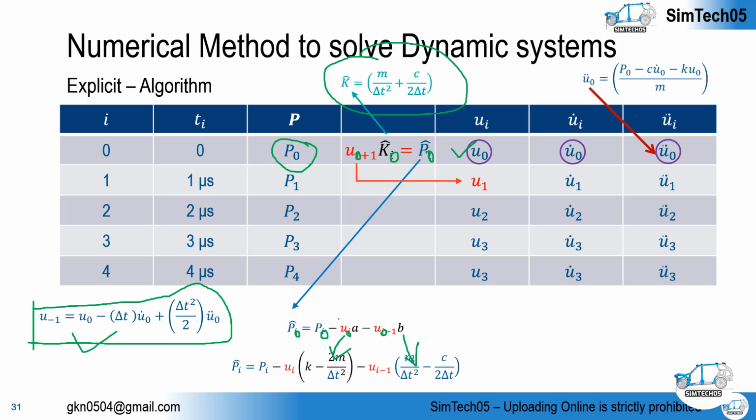So all unknowns are known now. Okay, A, B are already known, P0, U0 and u_(i-1) are known. So we can say the P cap 0 is known. If the P cap 0 is known, K cap 0 is known. So here U1 can be found very easily. Now we can say, okay, this is known to me. Let me clear everything.